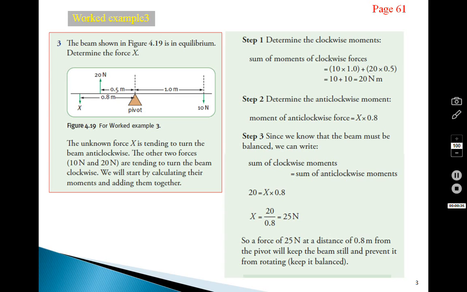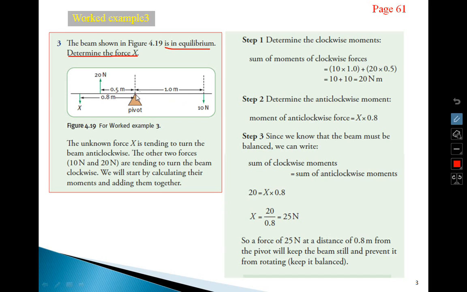So as we can see here in this figure, in this example, it says the beam shown in figure 19 is in equilibrium. So what we need here, the question is, determine the force X. As we can see here, this is the beam and this is the pivot.